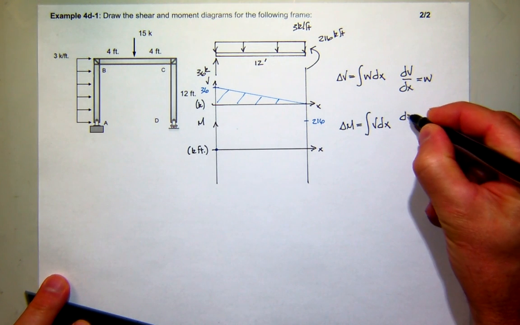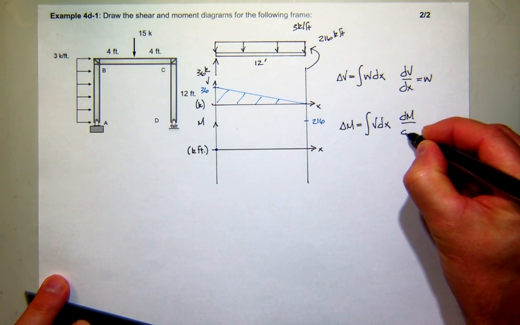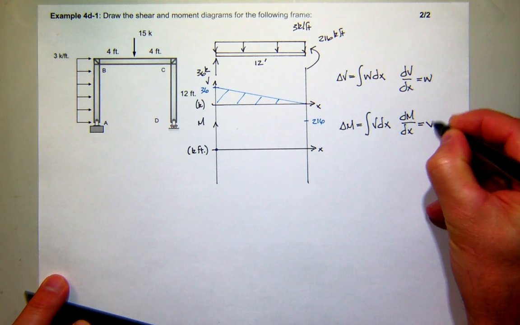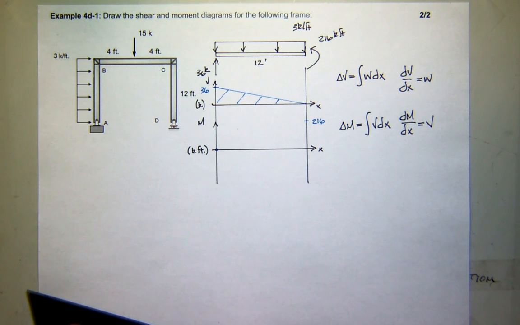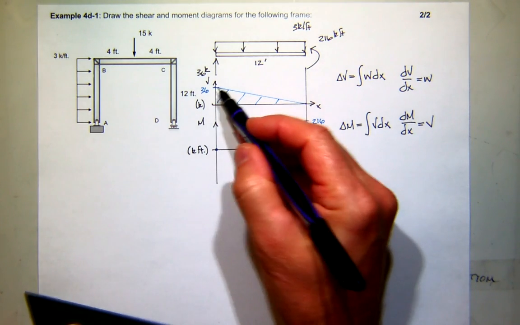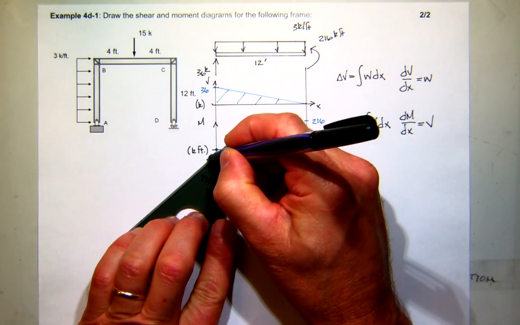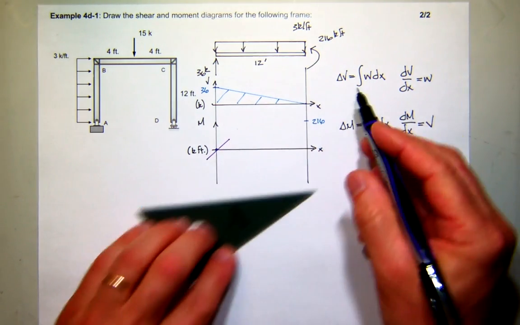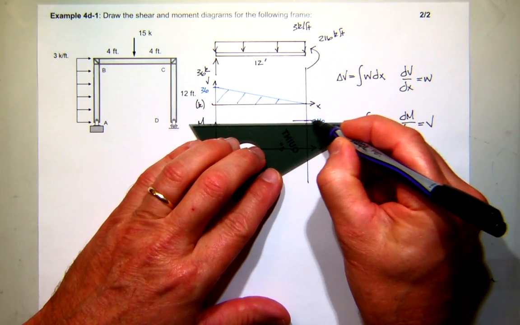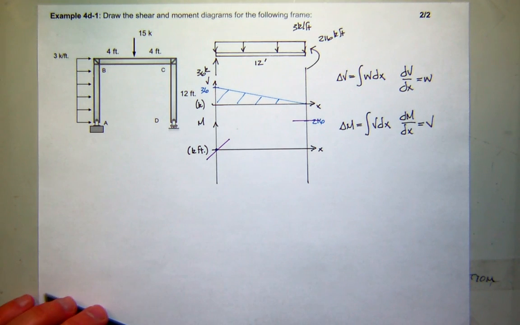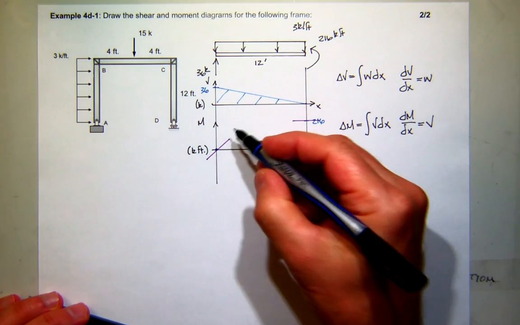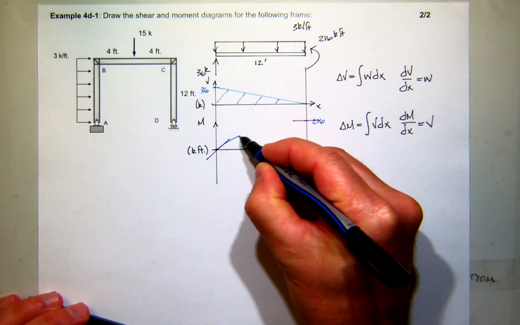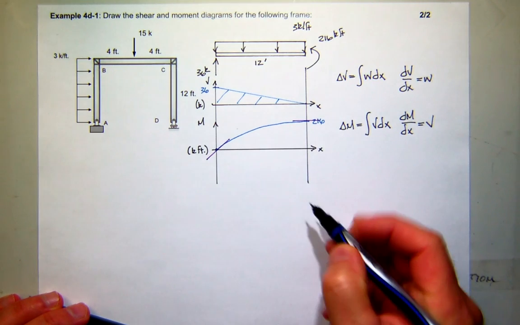And then the slope of the moment diagram, we know, is equal to the shear. So the shear starts off at a large positive value and decreases to 0, so the moment is a parabolic or quadratic curve, it looks like that.